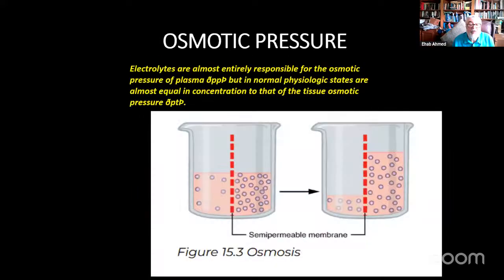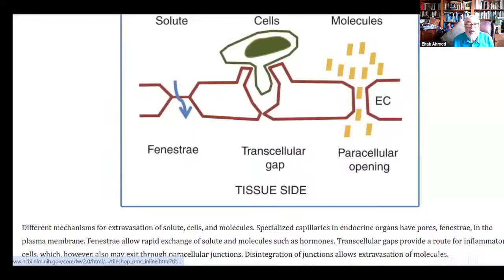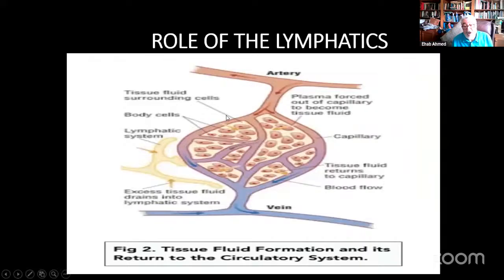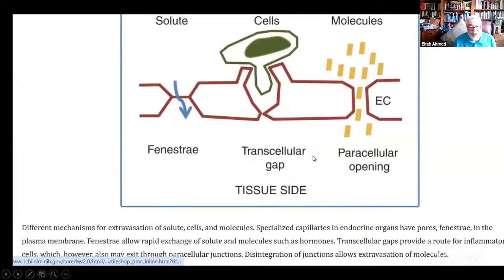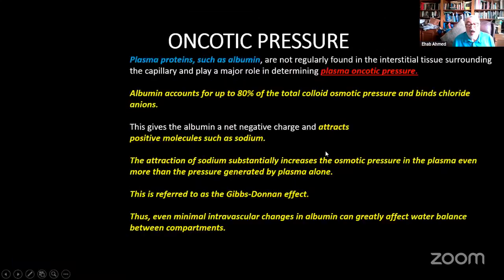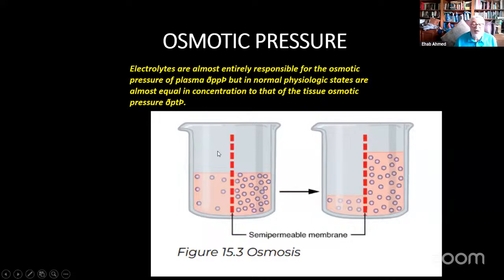Okay? By lymphatics, about 10% of the interstitial fluid will go back through the lymphatics to the general circulation again. And also, osmosis plays a role. If you have increased osmolarity of the intravascular compartment, fluid will move from the interstitial to the intravascular, and the other way around.